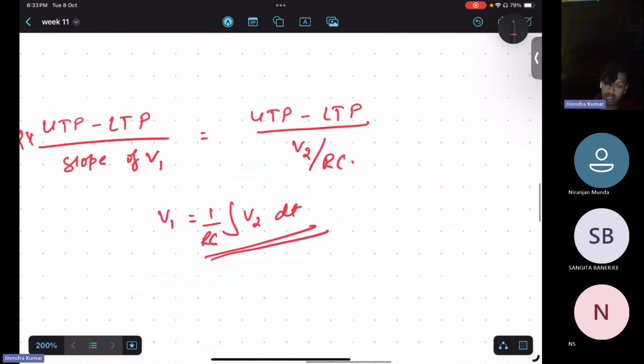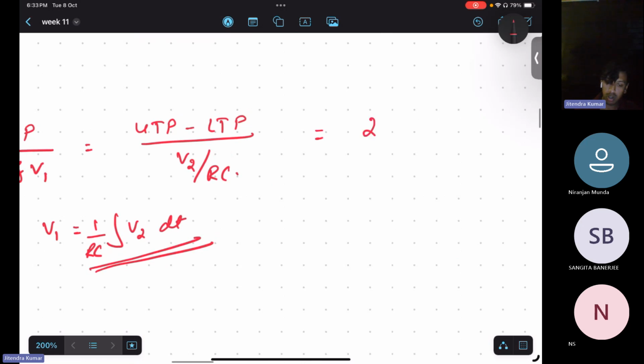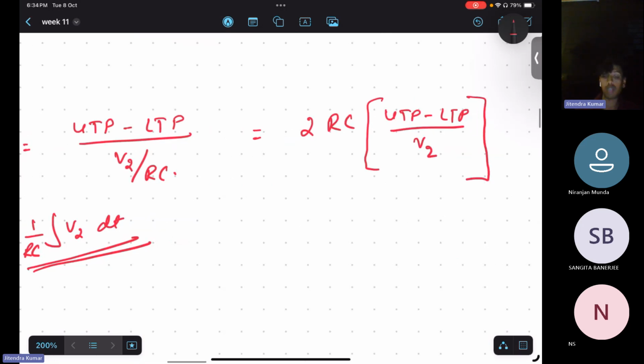So we will have to multiply 2 into RC into UTP minus LTP divided by V2. Okay, so UTP and LTP we have already calculated, that is 7.2 and minus 7.2.